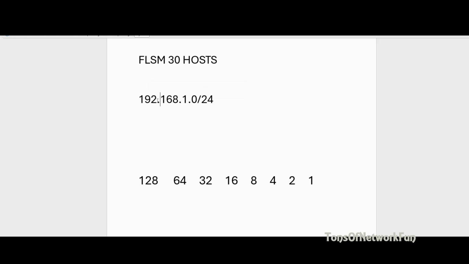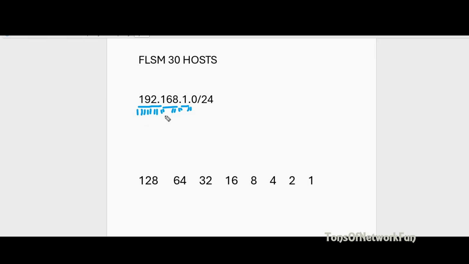And for each octet, we have 8 bits. So we have 192, the first octet, with 8 bits. I already showed this in the last video, but I'm just showing you again. 8 bits here, again 8 bits under 168, 8 bits under 1.